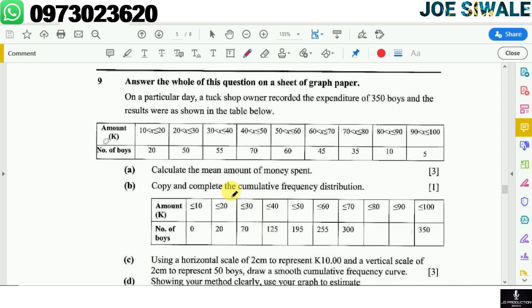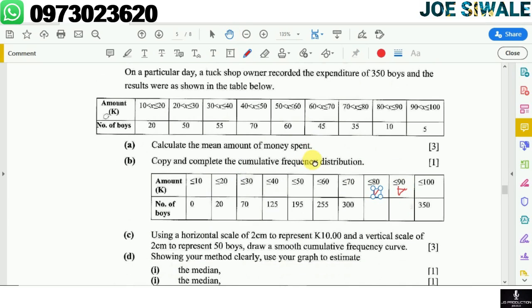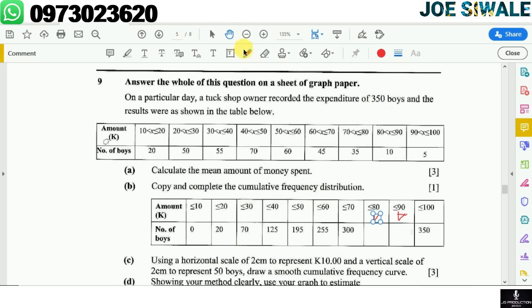Then question B reads, copy and complete the cumulative frequency distribution. We have been given the table there, so we are supposed to fill in here and here. For us to fill in there, we're going to go where there is 80.